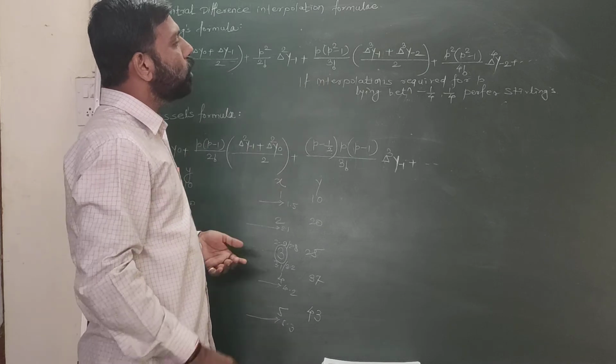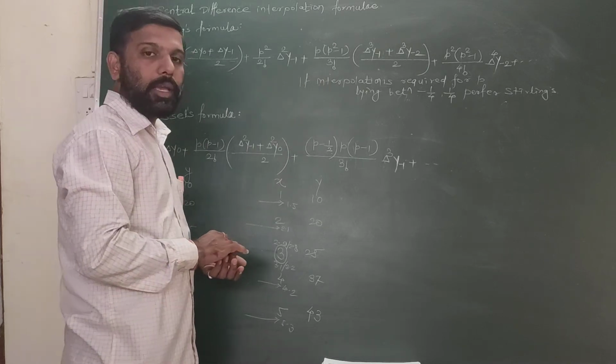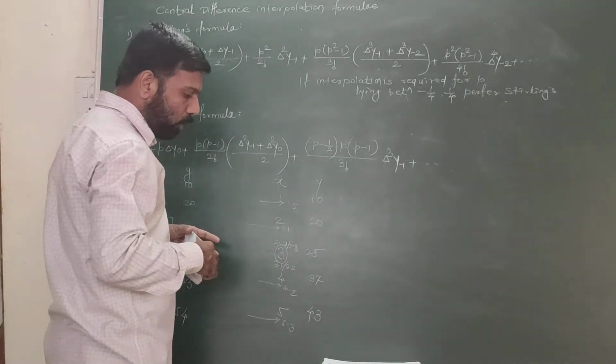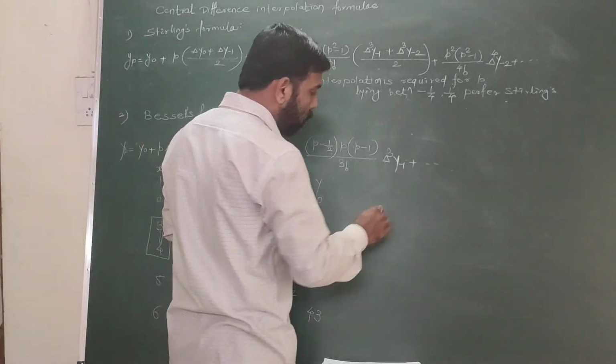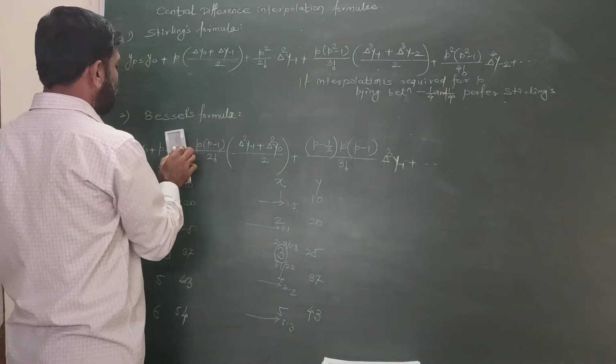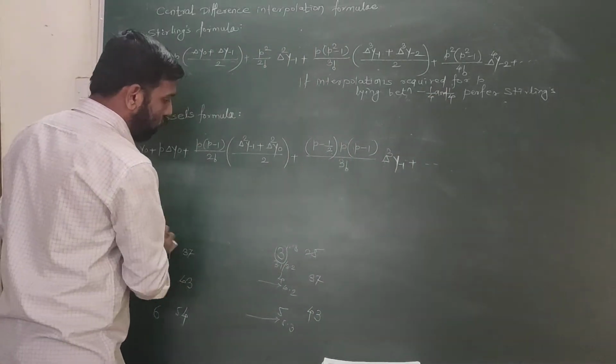So if interpolation is required for a value of P lying between minus 1/4 and 1/4, then we use the Stirling formula.